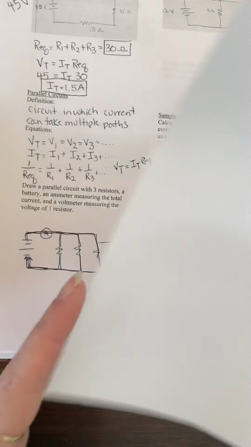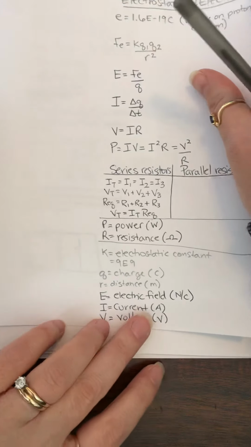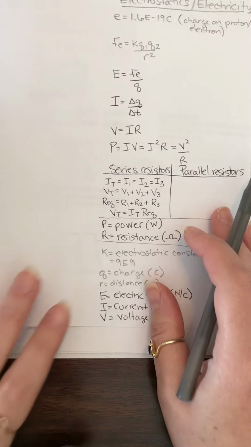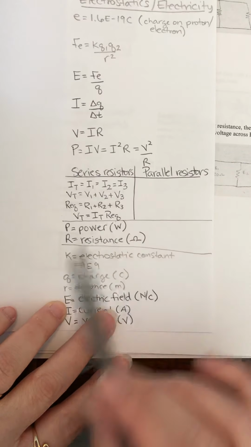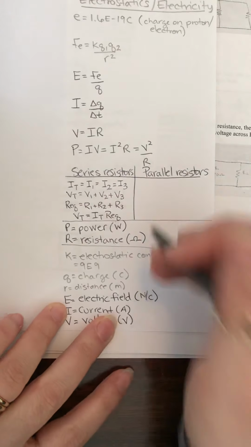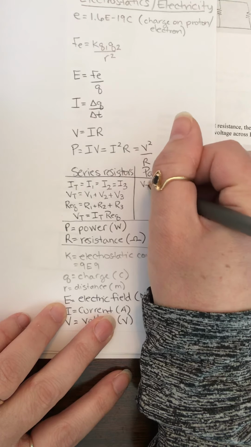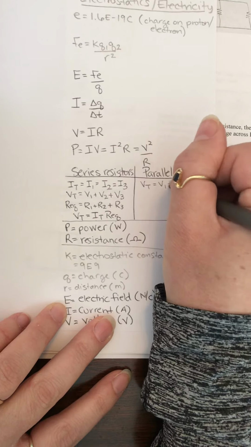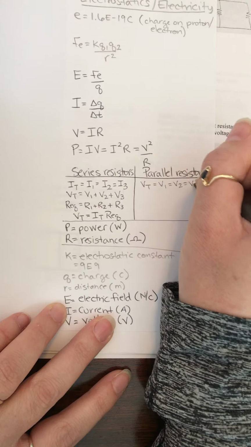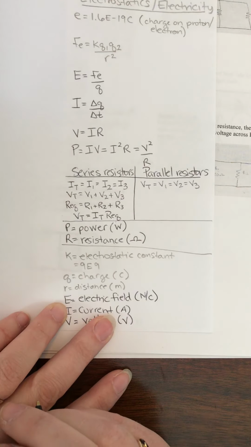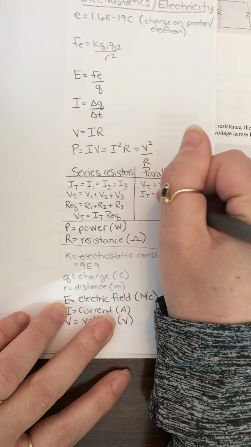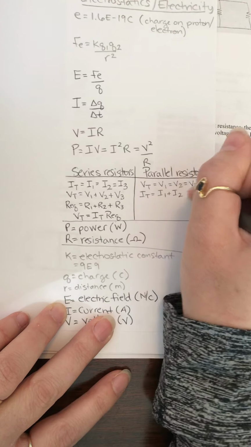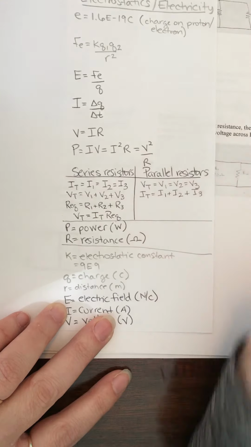All right, now on your green sheet, which hopefully you have, I just want to go ahead and add these 4 equations into this spot where it says parallel resistors. So I'm going to start by writing out VT equals V1 equals V2 equals V3. And then I'm going to do that IT equals I1 plus I2 plus I3.